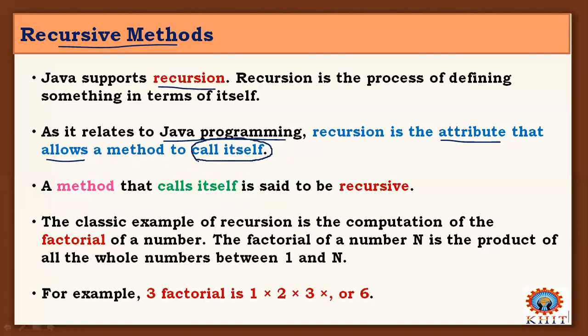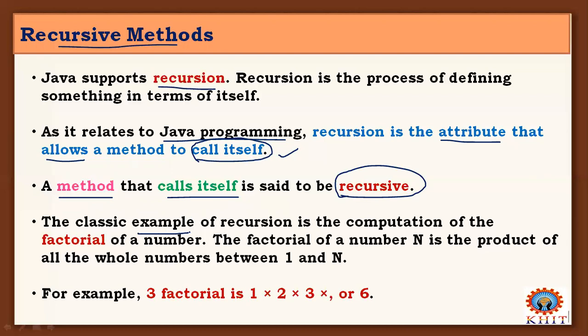A method that calls itself is said to be recursive in nature. We call this a recursive method.